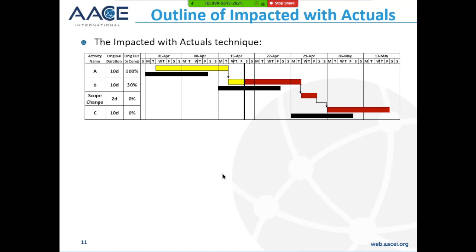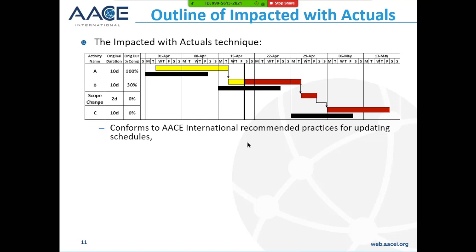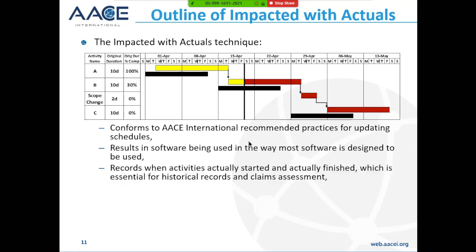The impacted with actuals technique conforms with the AACE International Recommended Practice for Updating Schedules. It results in the software being used in the way that most software is designed to be used. Most software is designed to have an actual start and an actual finish, an actual duration and a remaining duration, and reschedule the end date.